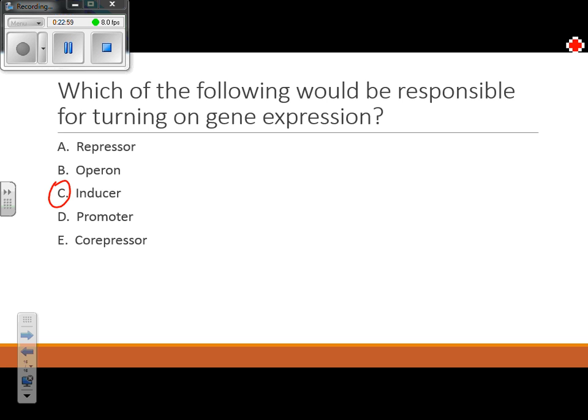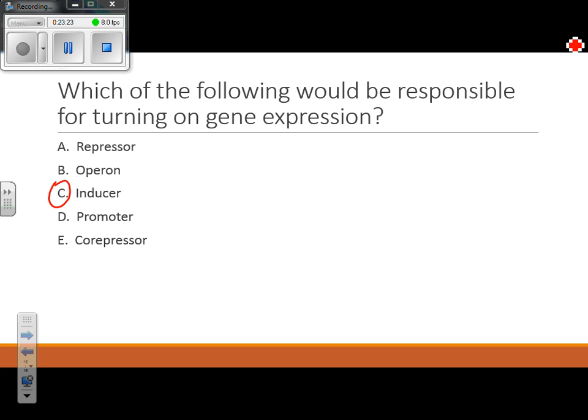If you are inducing something, you're starting it, you're getting it moving, okay? A repressor is holding something back or stopping it from happening. A co-repressor is just kind of assisting with that. An operon is your actual area for gene expression. It's kind of the segment of DNA that you're looking at for sending a message.